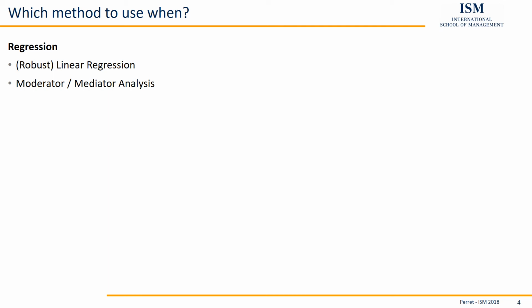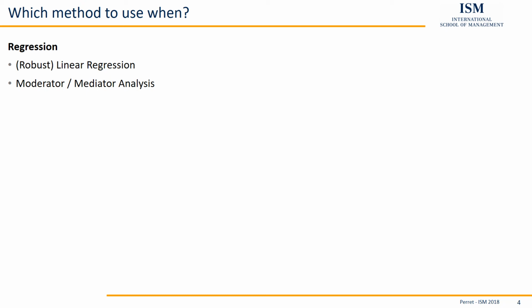Then the next question would be, and this could be a reason for multicollinearity: do you have a moderator or mediator effect? Imagine I have just an x and a y, the x influences the y, and then I have a third variable which influences the x and the y. This would be a moderator effect.